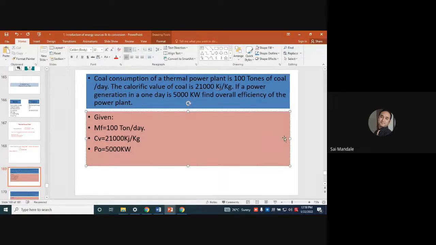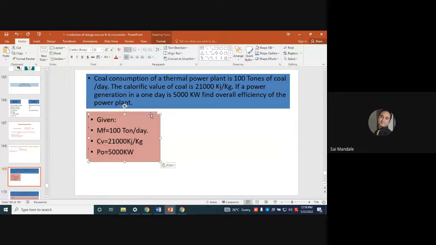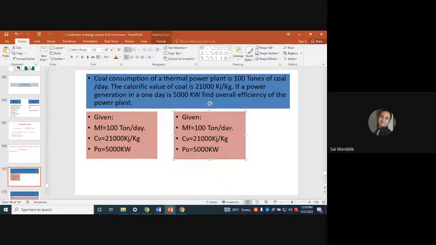I guess the given data is clear to each one of you. What is to be identified? The thing to be identified is the overall efficiency.